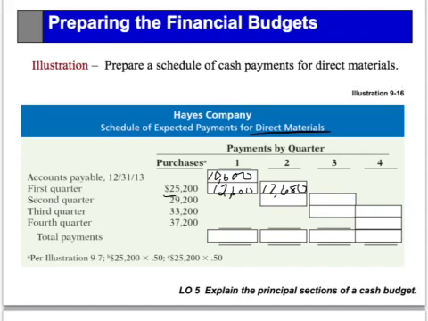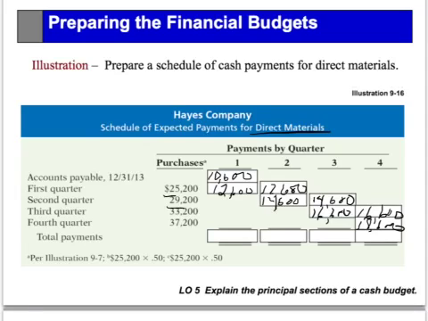Now the same in the second quarter, I have purchases of $29,200, so I'm going to have to pay $14,600 in the quarter in which I made the purchase, $14,600 in the following quarter. By the same token, I have to pay $16,600 in quarter 3 for the purchases in quarter 3, and $16,600 in quarter 4 for the purchases in quarter 3. And in quarter 4, I have purchases of $18,600.